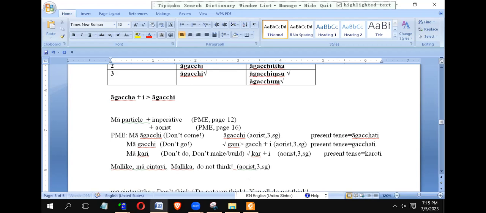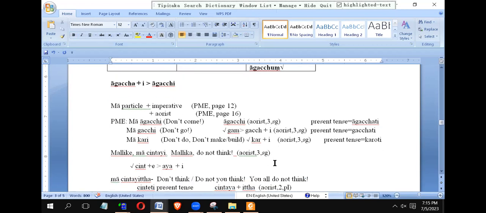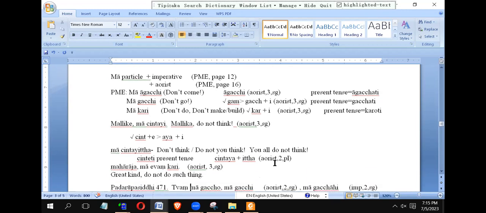Because if you look at this, cint, and then the conjugation sign is a, so it becomes aya, plus the i. So the i suffix is the aorist, third person singular. Ma cintai. So the Buddha asked Queen Malika not to think about something, because at that time she heard bad news and she was very sad. So the Buddha advised her.